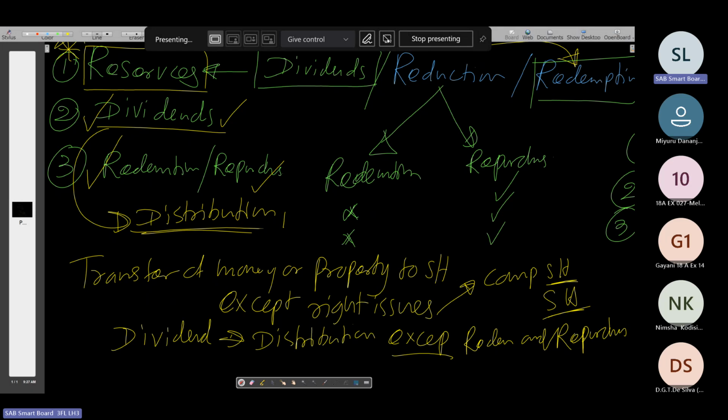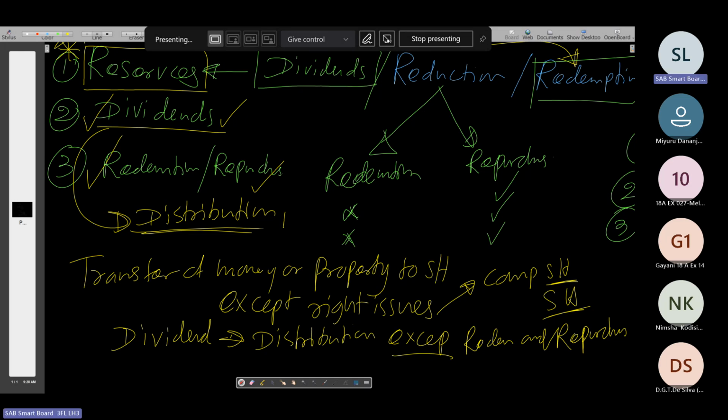That is known as the payment of dividend. So money or any property can be transferred as dividend. But making reserves is not a distribution, because the money remains in the company and will not go out.